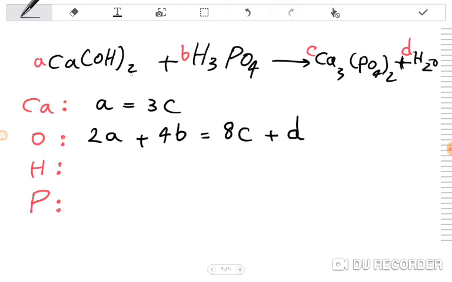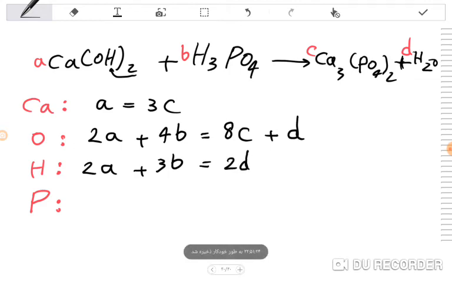For hydrogen we can write 2A plus 3B is equal to 2D. For phosphorus we have on the left side just B, equal to the right side coefficient 2C.